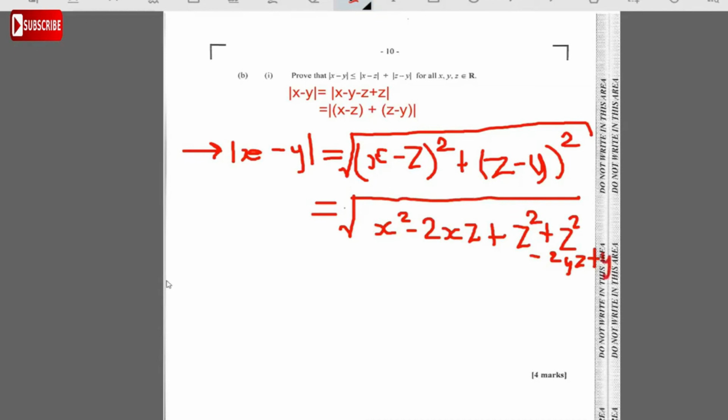All right, so that is the modulus of x minus y.